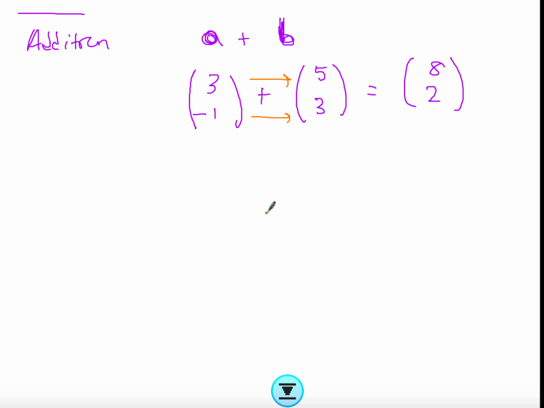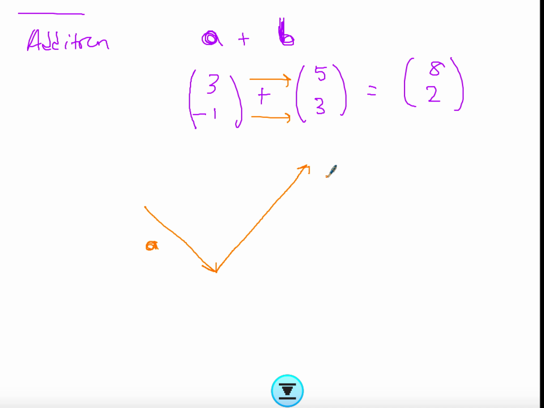If I have a diagram, let's say my 3, negative 1 is something like this. So this is my A, because I'm moving 3 across and 1 down. And then my B is 5 across and 3 up.